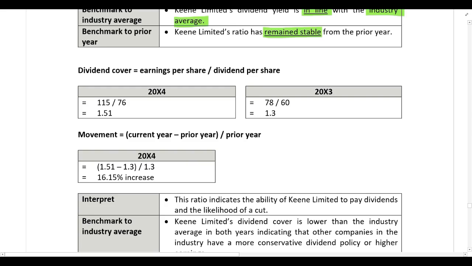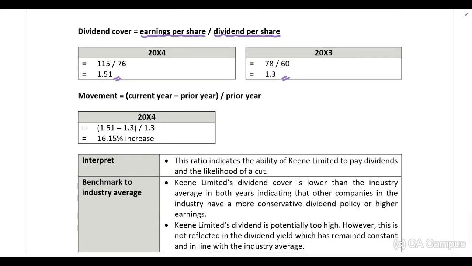All right, so first calculate the dividend cover for 20x4 and for 20x3 by taking earnings per share and dividing by dividends per share. Then we can also calculate the movements in dividend cover by taking the current year, deducting the prior year, and dividing by the prior year. So we can see it increased by 16.15% from the prior year.